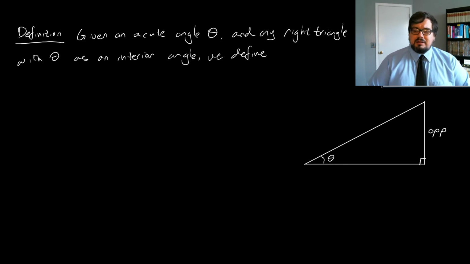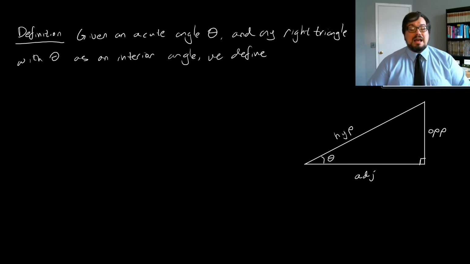The side of the triangle which isn't the longest one but is adjacent to theta is called the adjacent side, or ADJ. And then the longest side of the triangle, which is opposite the right angle, is HYP for hypotenuse. So we've got opposite, adjacent, and hypotenuse.